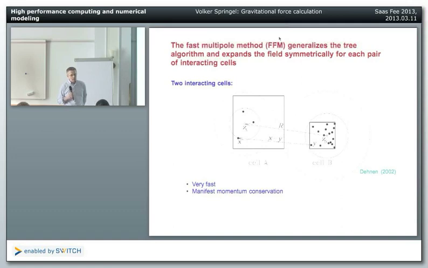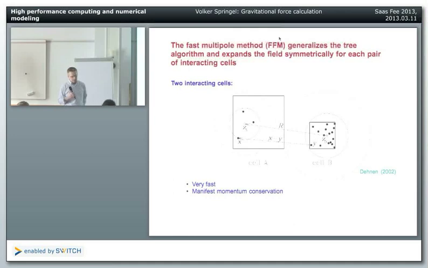What this means is that the forces remain strictly antisymmetric. I mean, you know that when you calculate gravitational forces, they should be antisymmetric. It's one of Newton's laws. So that is related to total momentum conservation. If you, however, have an approximate force calculation scheme, that may violate this at the level of the individual force accuracy if you have bad luck.